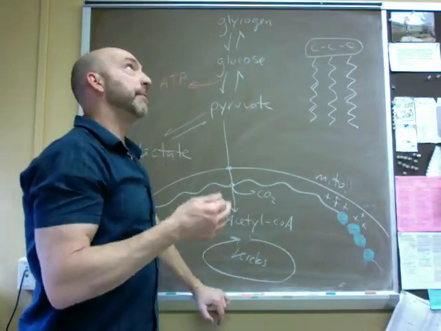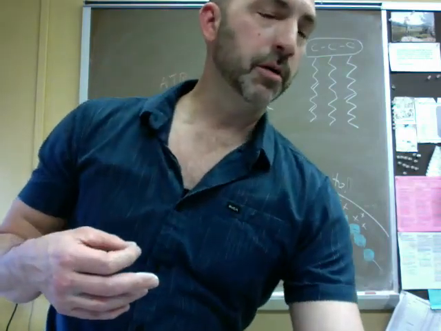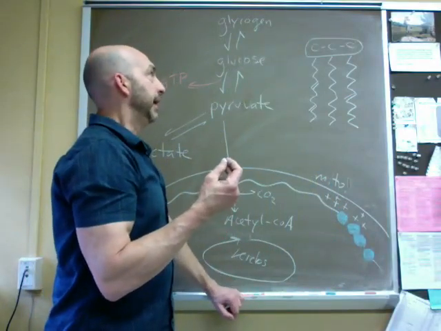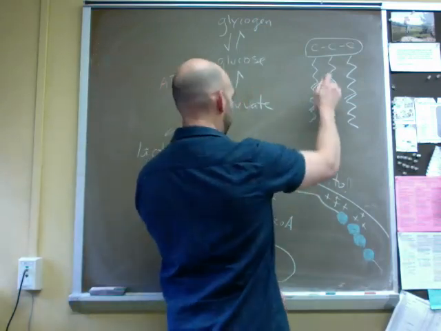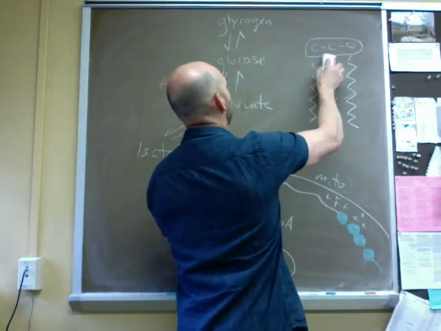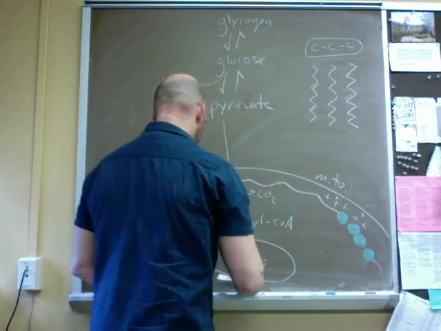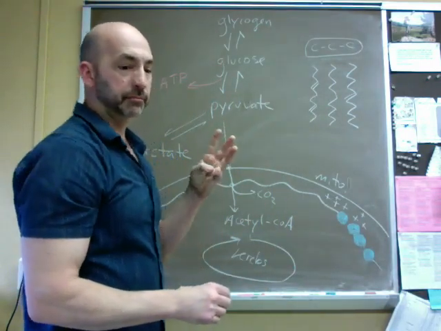And so what the enzymes do in this process is they cleave the fatty acids from the glycerol. I'm just going to create a gap here, right? And now we have glycerol plus 3 fatty acids.